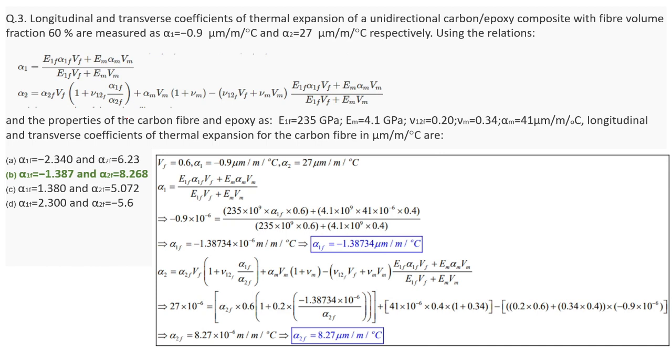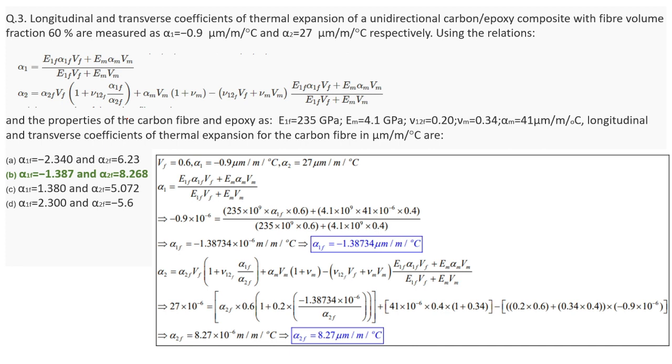Next question is the longitudinal and transverse coefficient of thermal expansion of a unidirectional carbon epoxy composite with fiber volume fraction of 60% are measured as alpha 1 equal to minus 0.9 micrometer per meter per degree centigrade and alpha 2 equal to 27 micrometer per meter per degree centigrade respectively.